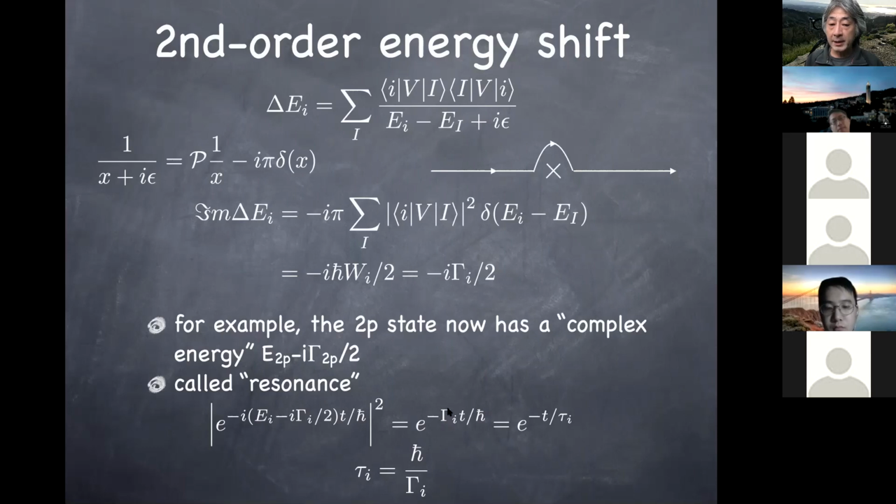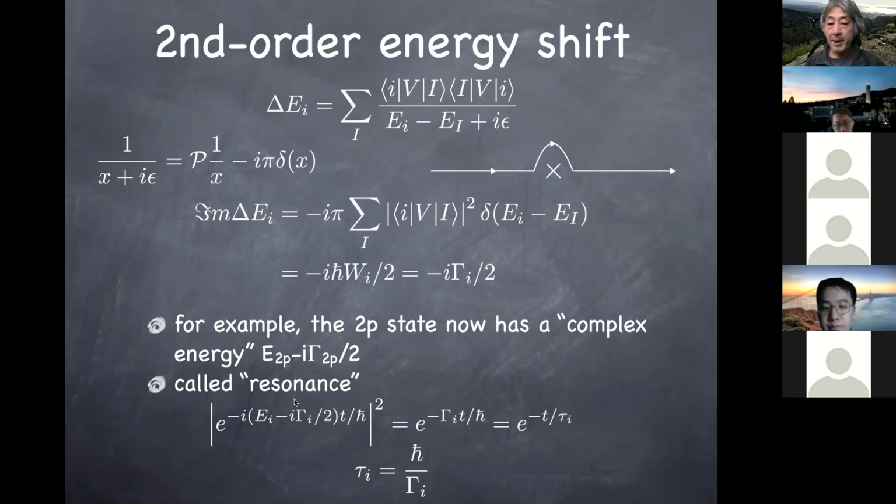And this gamma, which appears as the imaginary part of the energy over h bar, is the decay rate W. And we talked about this. The decay rate W is the inverse of the average lifetime of the state. So again, quantum mechanics doesn't give you a prediction of when exactly a particular atom would decay. Each atom would decay on its own time scale, but on average, you find a characteristic lifetime, and that's this tau over here.